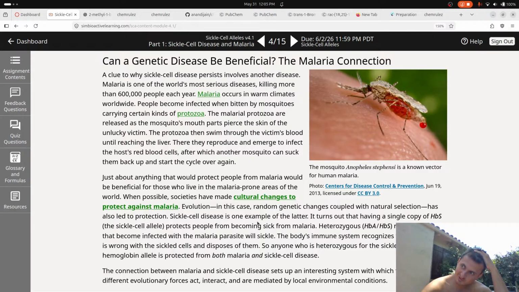I think it's pretty amazing that the heterozygous people aren't affected more.